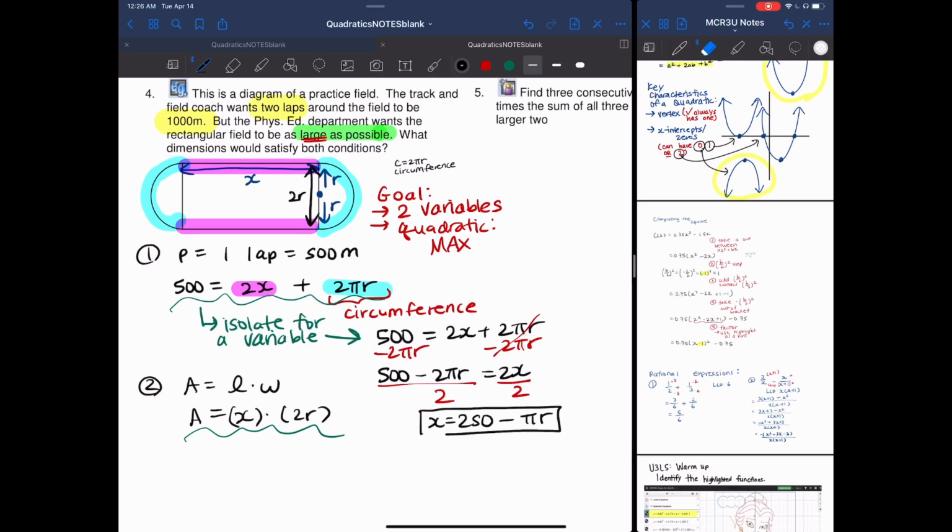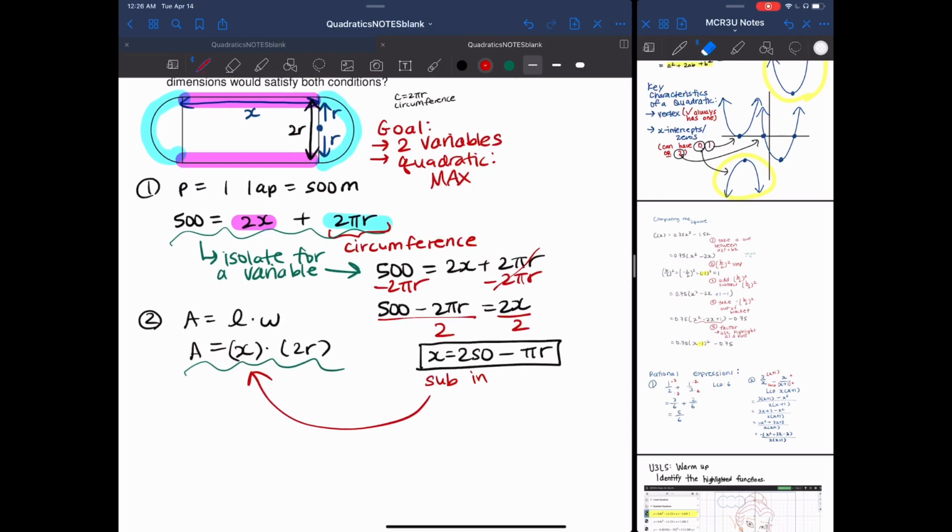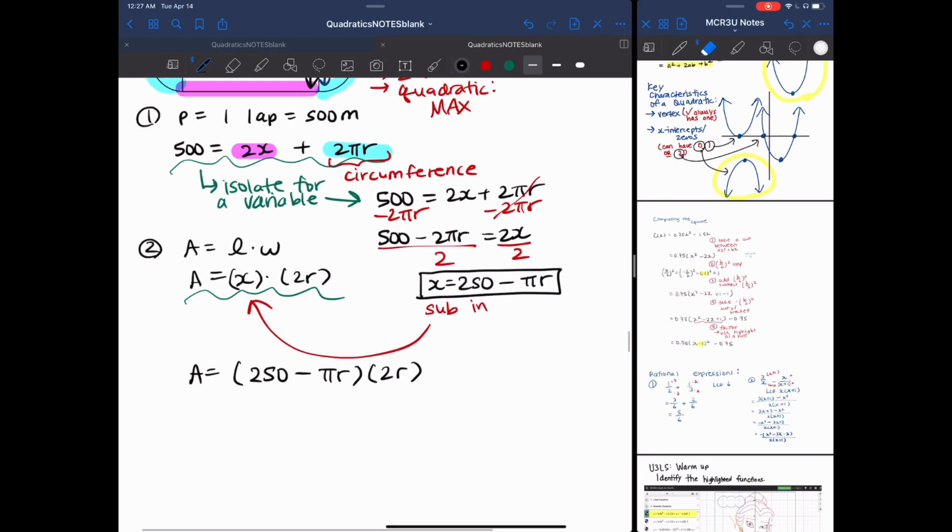All right. And what do I do with that? Well, I'm going to substitute in here and see what happens. So I have A equals bracket 250 minus pi r times 2r. Right now it's in factored form.